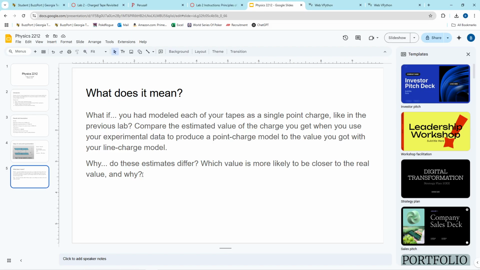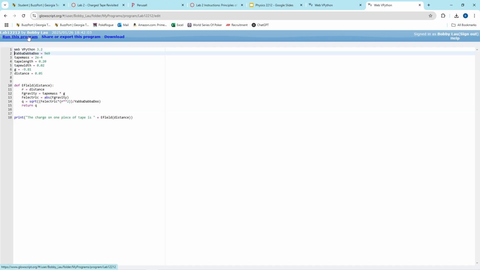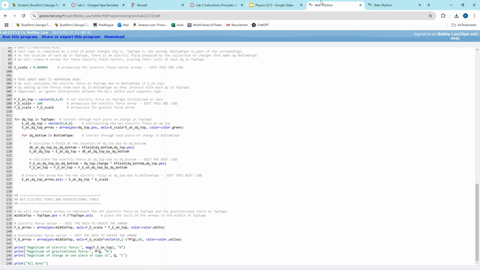The reason that I believe this lab gave me a value closer to the actual, accurate real value is that the charge of the tape is not at one singular point, which is what is calculated in the previous one. That one is just a simple computation model, assuming that it has one point of charge.